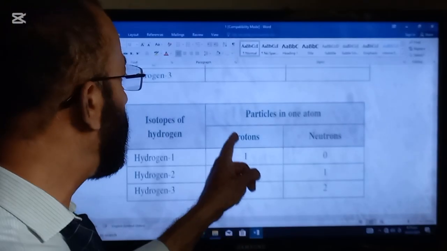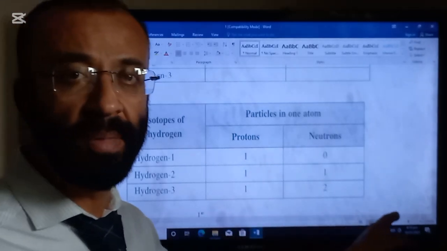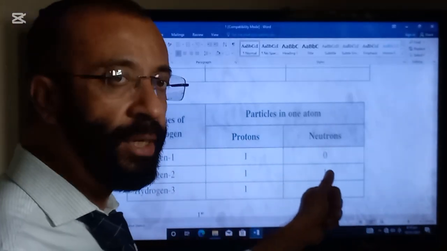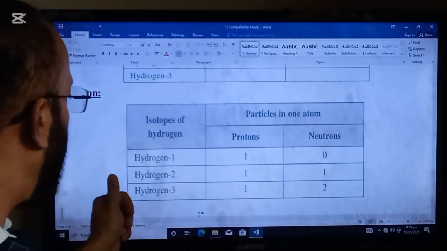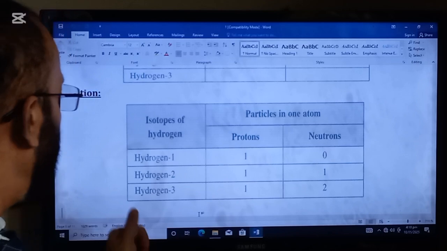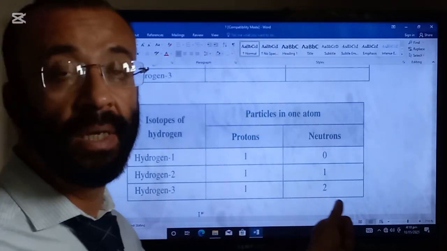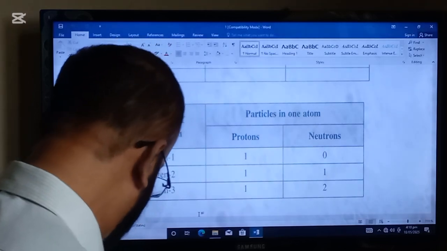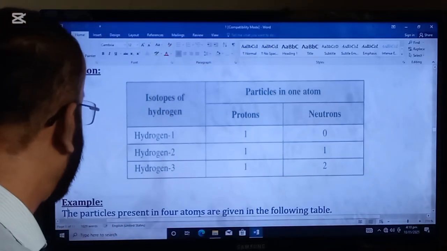So protons will be the same, neutrons will be different. Hydrogen 1 has 0 neutrons. Hydrogen 2 has 1 neutron. And hydrogen 3 has 2 neutrons. So these are very important things which you have to remember.